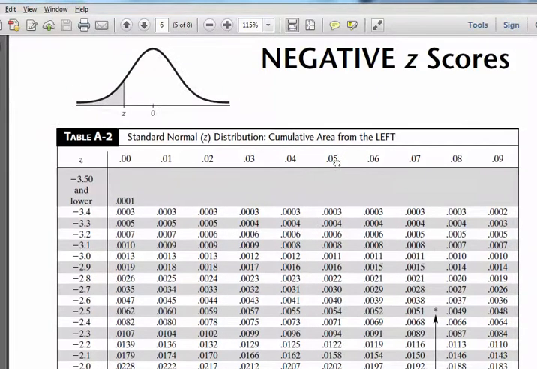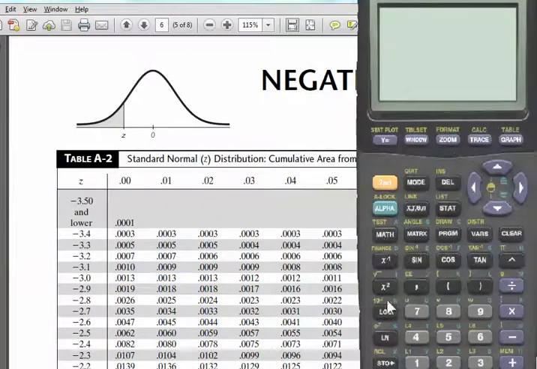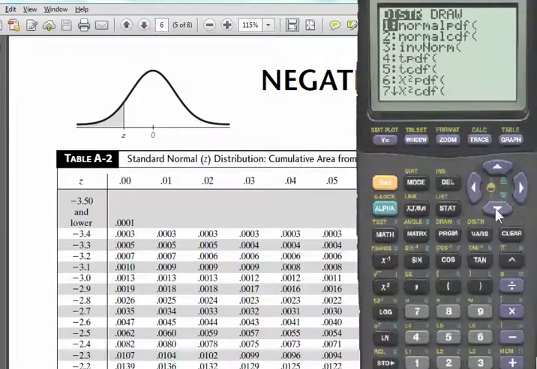Now that's because the area on this table always comes from the left. It's the left area. Now similarly, that would be like putting in the calculator the command for the normal distribution. Let me get my calculator to work. Alright, so you can get there by hitting second vars and then choosing inverse norm.